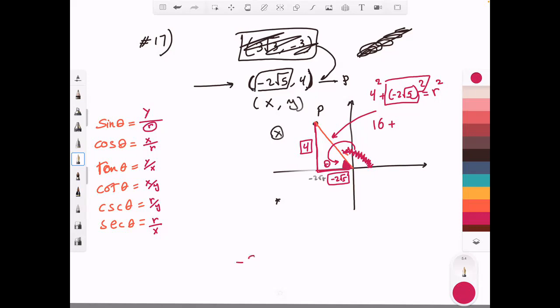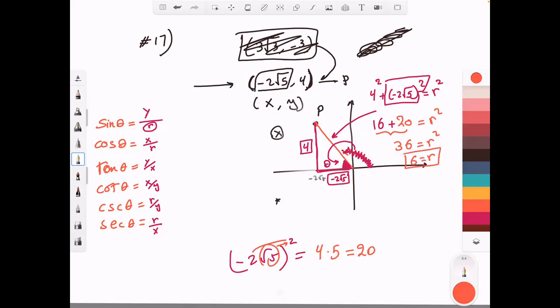So we have negative 2 root 5 squared. The negative will go away because it's going to be positive when you square it. 2 squared is 4. Root 5 squared is 5. So the answer is 20. Plus 16 equals r squared. This is 36 is r squared. r will be positive 6. We don't get negative. So the good thing is we don't get a radical, r is 6.